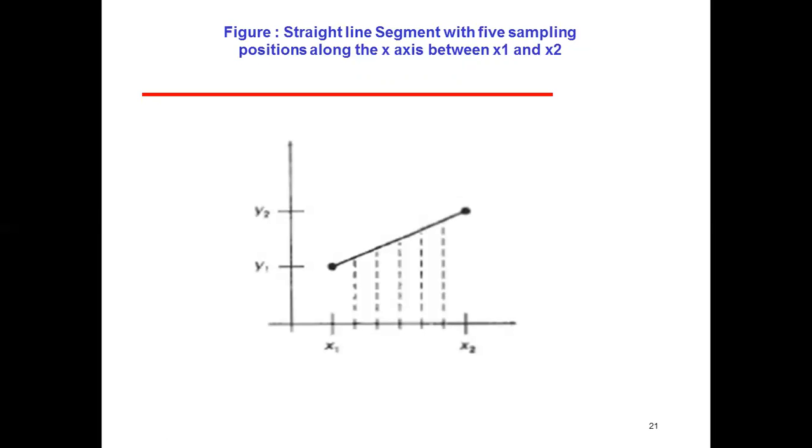Again we are taking another example, a straight line segment with 5 sampling positions. You can see there are 5 sampling positions here between x1 and x2, and between them we are choosing 5 samples.